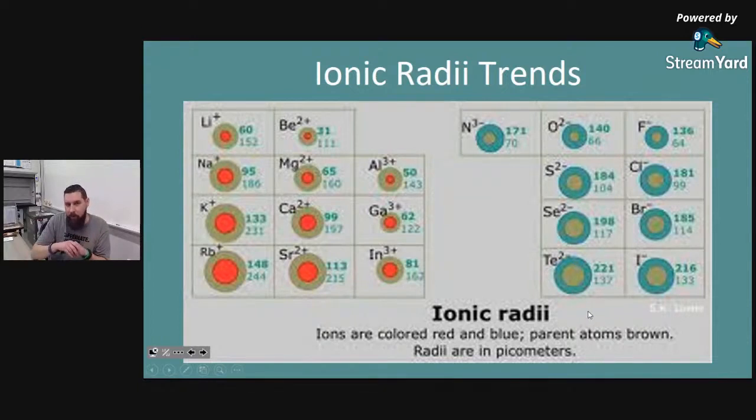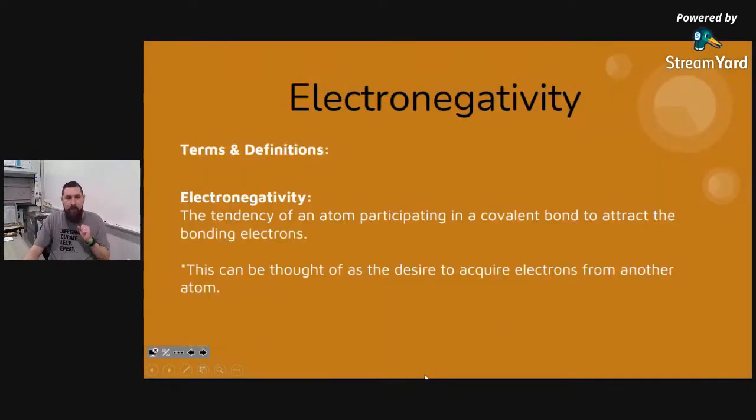So as a result, the group and period trends are the same as what they are for atomic radius. Okay? Where most students get caught up is the fact that the trend is not continuous. Again, you see this decrease through the metals, a sudden increase, and then a decrease through those nonmetals. Okay, so that's ionic radius.